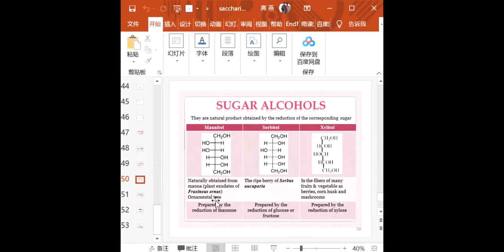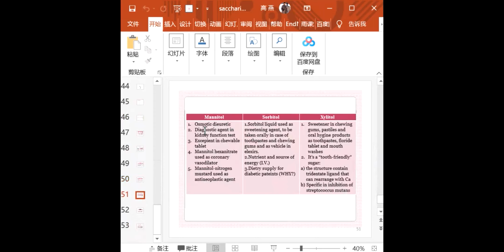And what is its plant source? It's naturally present in manna, an ornamental tree.